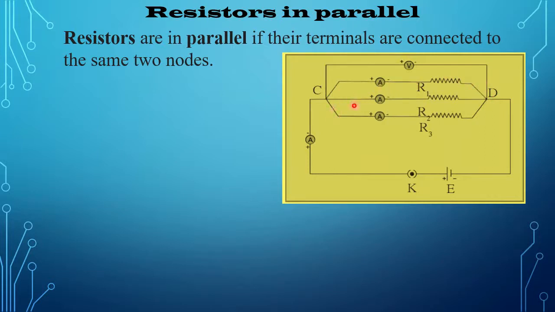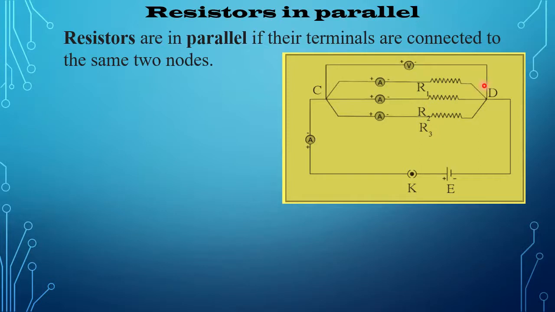Here the figure shows three resistors R1, R2 and R3 connected in parallel between point C and point D.